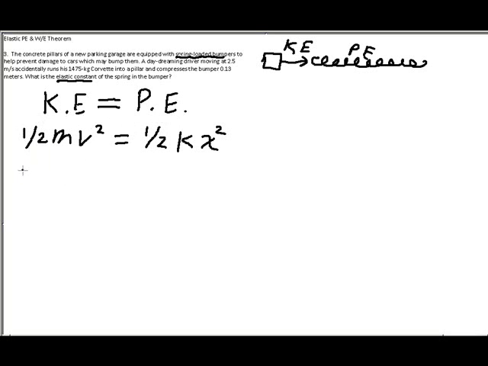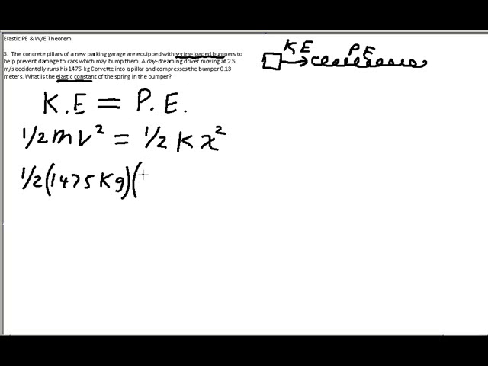So at this point, we would say, right, 1/2, the Corvette has a certain mass, and that mass is found right here. It's 1475 kilograms. And the Corvette, just before it hit, was moving at a speed of 2.5 meters per second.